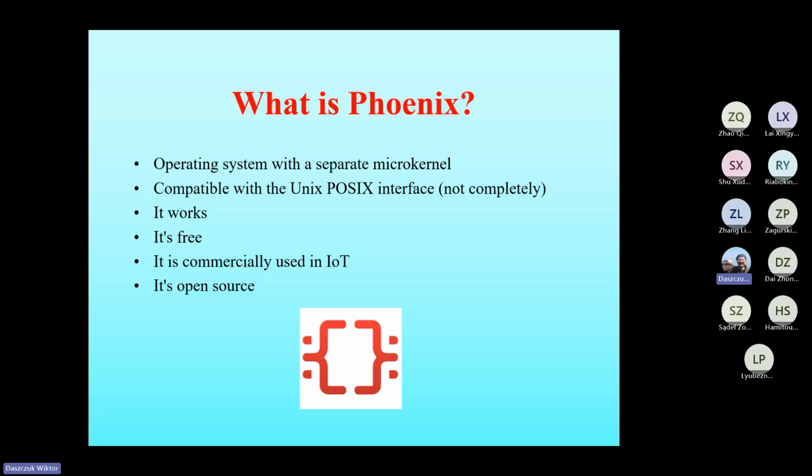They have integrated everything in a large operating system. Nowadays, it is seldom. Most operating systems are based on a microkernel. The interface is compatible with POSIX, but not fully. Some system calls are not possible, but generally it's compatible.